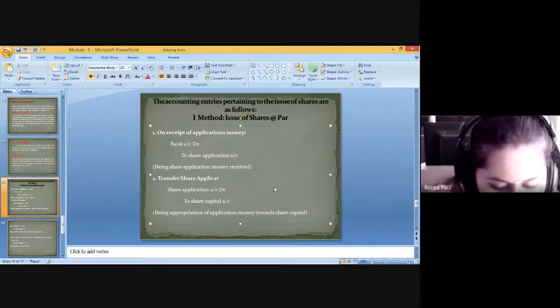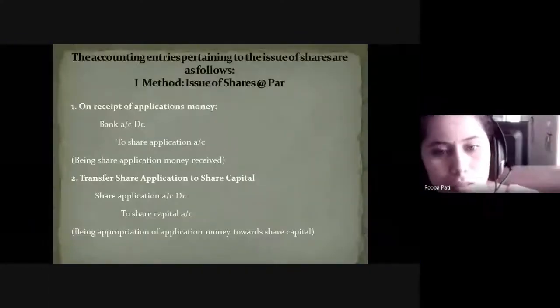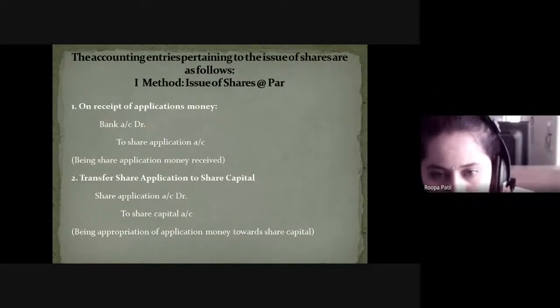So the first transaction: every company first issues the prospectus, right? After issuing the prospectus, they need to get the application form filled by the public along with the application money. So the first journal entry is on the receipt of application money.